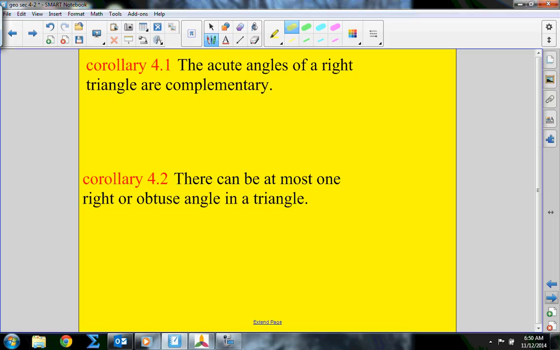Here's corollary 4.1. It says the acute angles of a right triangle are complementary. Well, since we just proved that all triangles have a sum of interior angles of 180, then it's pretty easy to show that if you have a right triangle, that means it has a right angle.